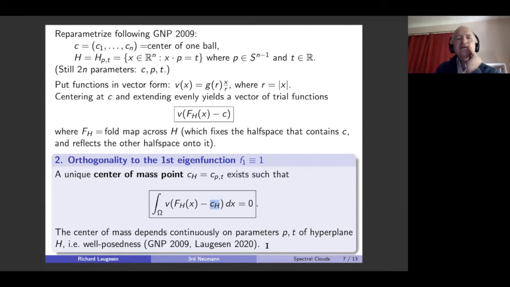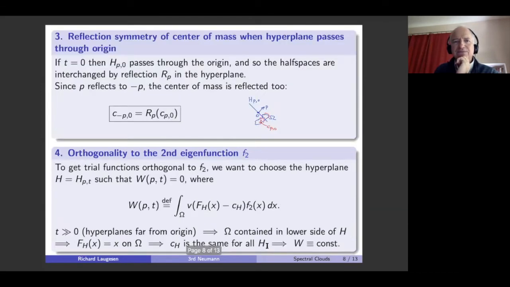Okay, once you've got the continuous dependence of the center of mass, then you've got to still satisfy orthogonality to the second eigenfunction. And here, it turns out there's a helpful property. And this aspect is new, actually. It sort of seemed a small step, but it helped simplify the argument considerably.